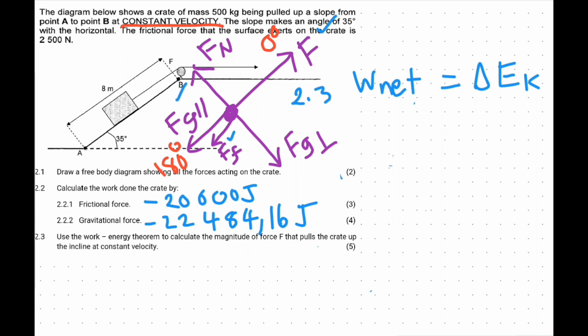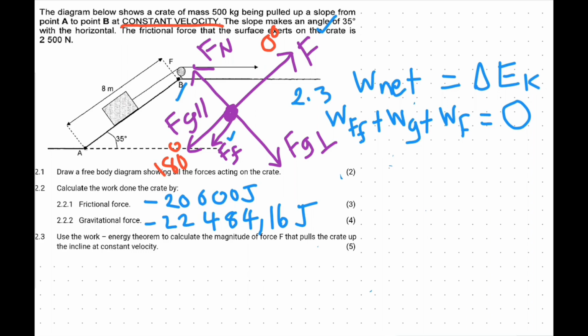The other two, the perpendicular forces, do zero work. So, work done by friction, work done by gravity, work done by force F, the total of that is equal to the change in kinetic energy. But the object moves at a constant velocity, so that should be zero.